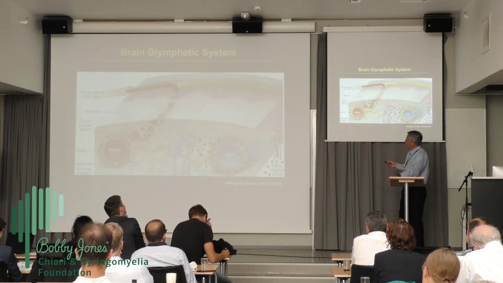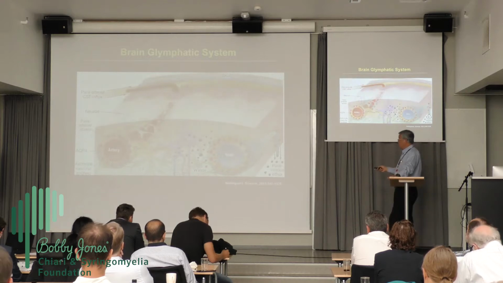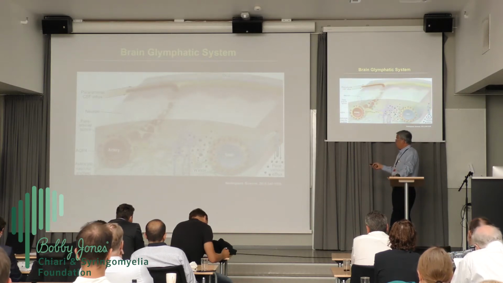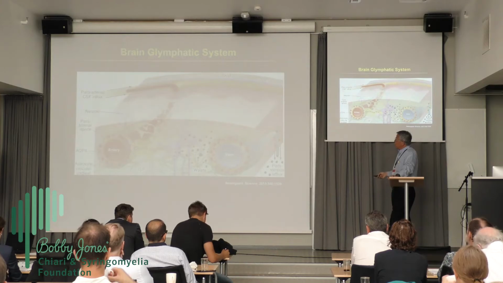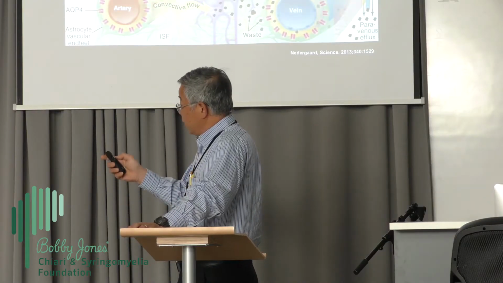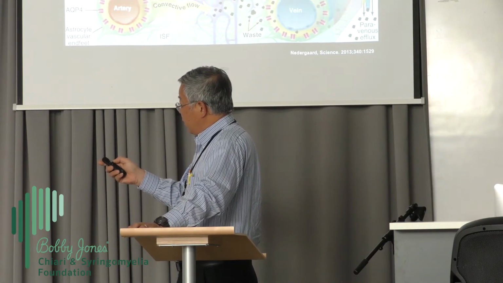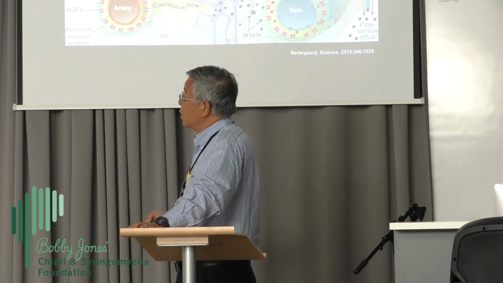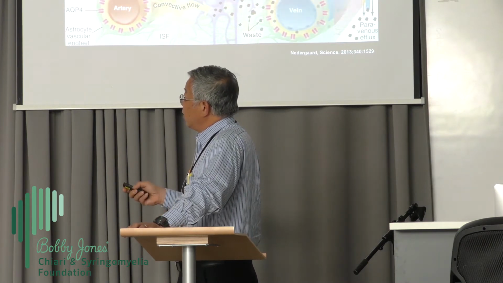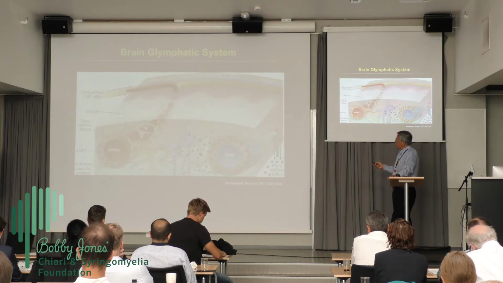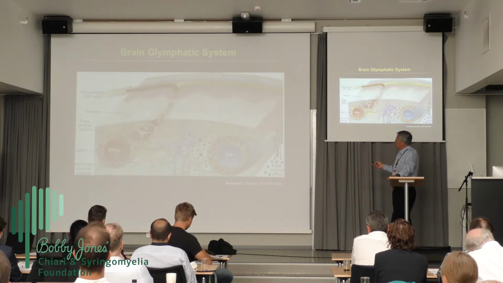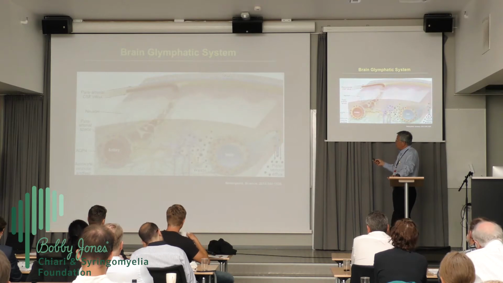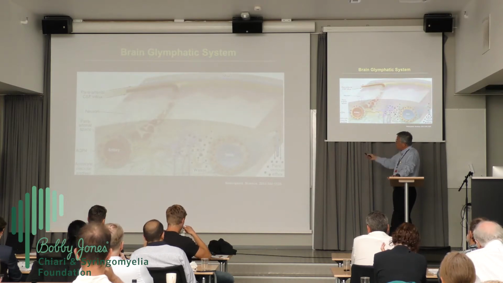My analysis is based on the Nedergaard group's system: the CSF enters the brain through the para-arterial route and mixes with the interstitial flow, and then carries out the waste through the paravenous system.